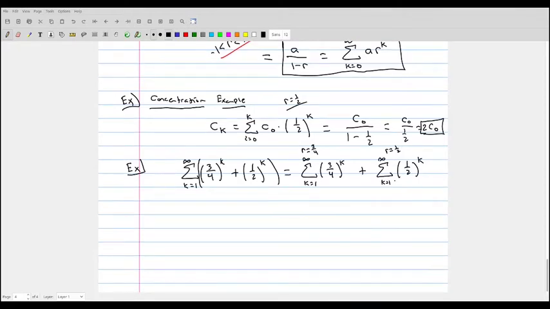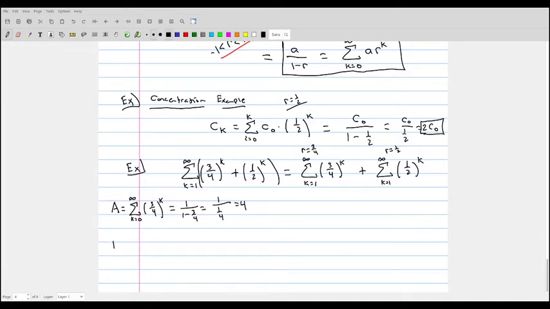You also have to be careful here. Both these series are starting at k equals 1. So we'll call this first sequence the A sequence. If we know that the sum from k equals 0 to infinity of 3/4 to the k is equal to 1 over 1 minus 3/4, which is 1 over 1/4, or 4.